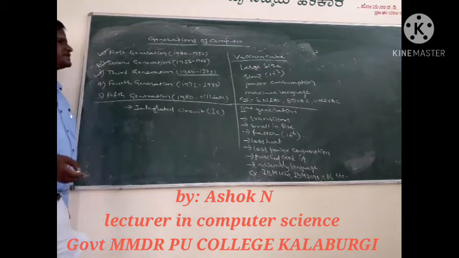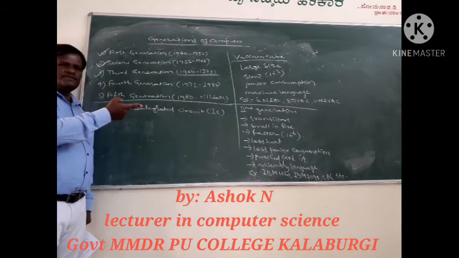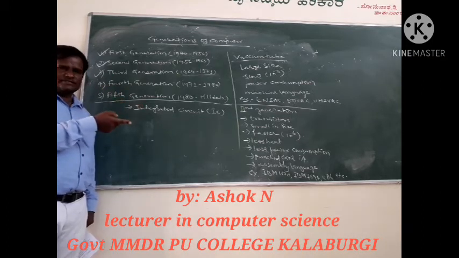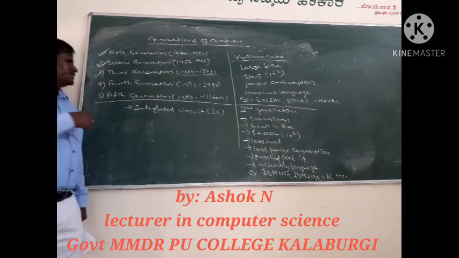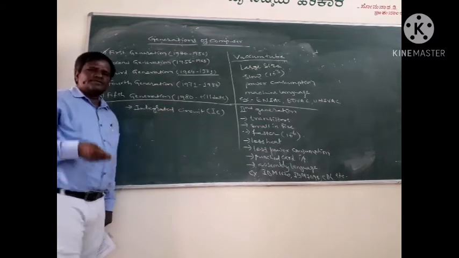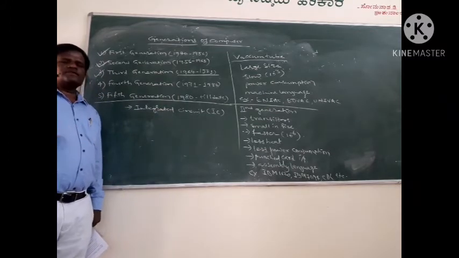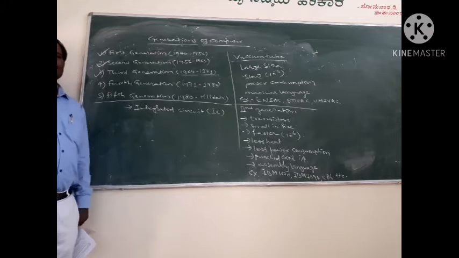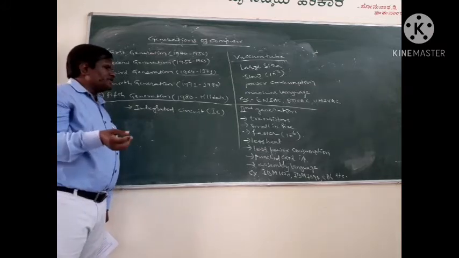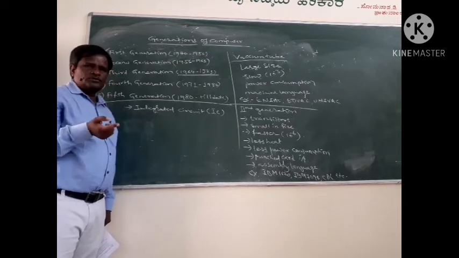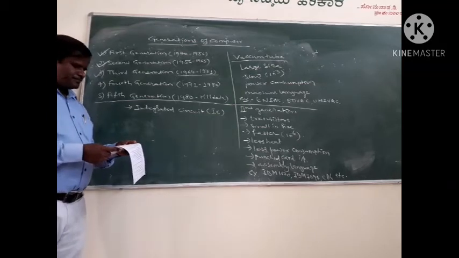So once again the size of the third generation becomes small as compared to the first and second generation. The heat produced is very less compared to the first and second generation. The power consumption is also very less, and here we started using as input devices the keyboard and the mouse.